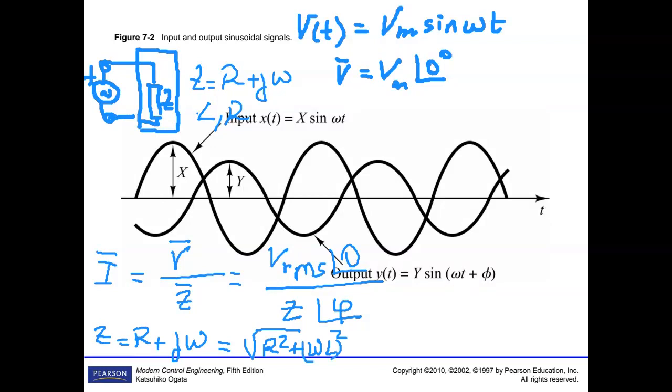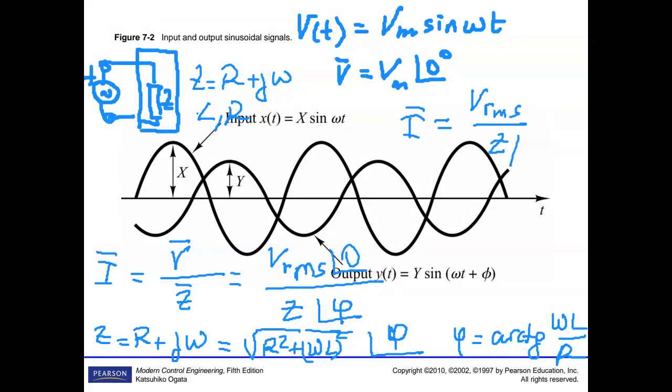Phi is arc tangent of omega L over R. So that means I is going to be Vrms over Z amplitude at angle minus phi. Okay?